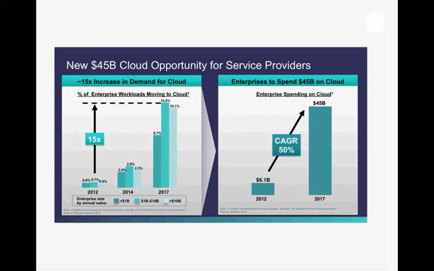Being able to put in additional features that enterprise users want into your cloud, offering those as additional value-add services, those are ways you can differentiate your particular cloud offering as a cloud provider, and hope to draw in some of this growth rate and all the dollars that are associated with it. So we're hoping that on both sides of the story, we can help enterprises meet their needs when they're moving to the cloud, and we can help service providers grow and offer new offerings that are attractive to their customers using the CSR product.